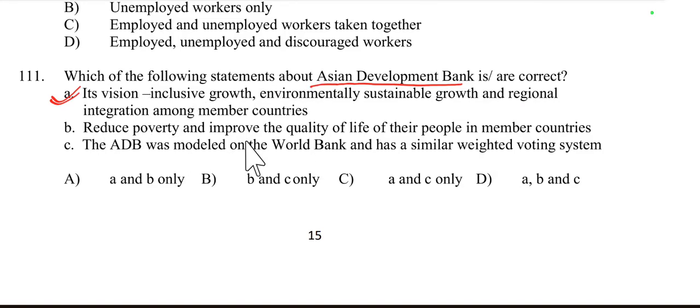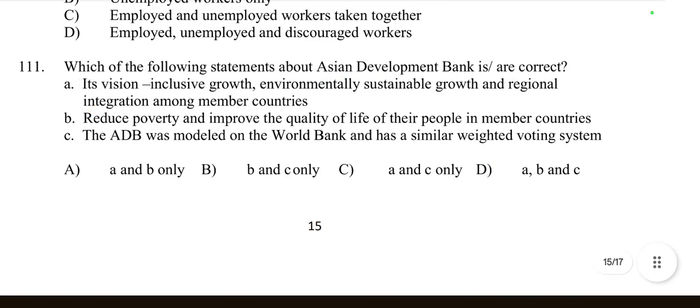Then reduce poverty and improve the quality of life of people in member countries. Yes, this is also true. Then the Asian Development Bank was modeled on the World Bank and has a similar weightage voting system. So these all are correct. A, B, C. So option D is right here.